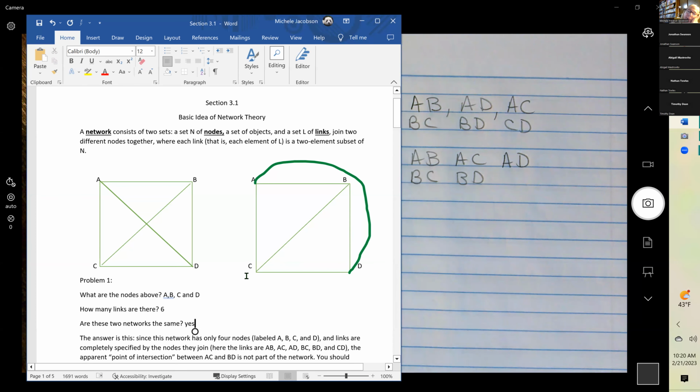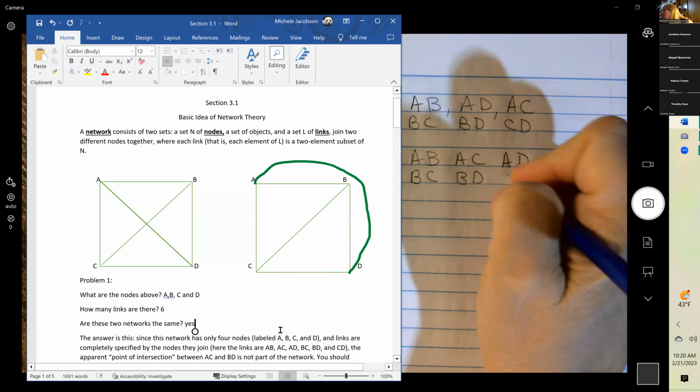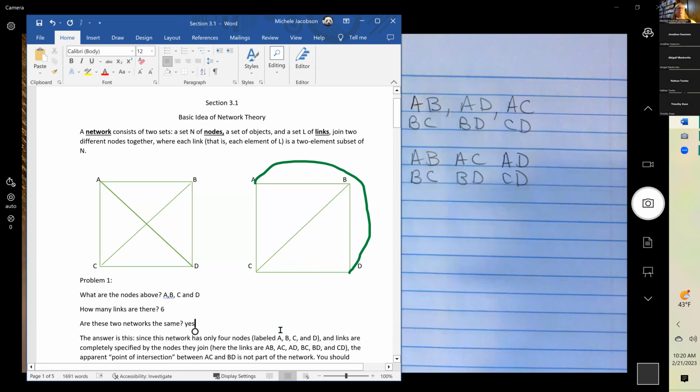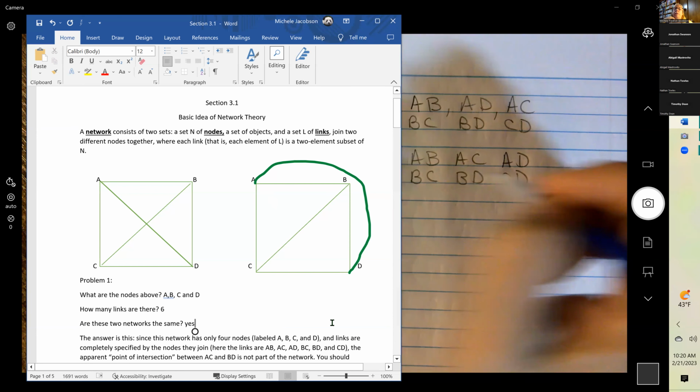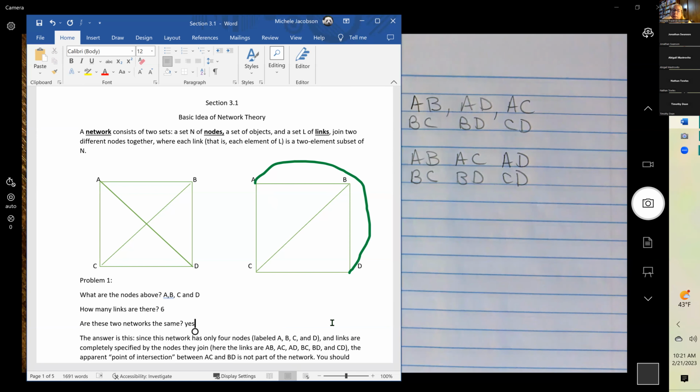And then we have CD or DC. So even though the link is drawn differently, it's still going to the exact same place. So this one here is just drawn out here instead of going over this. But it's still the same link. So these are still the same network. Does that help? Yeah.